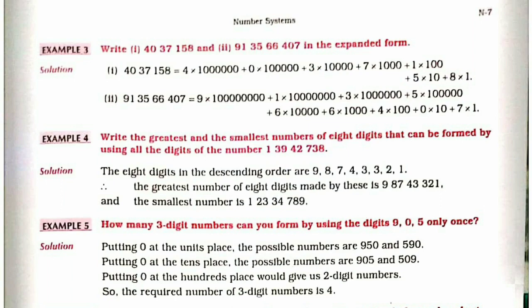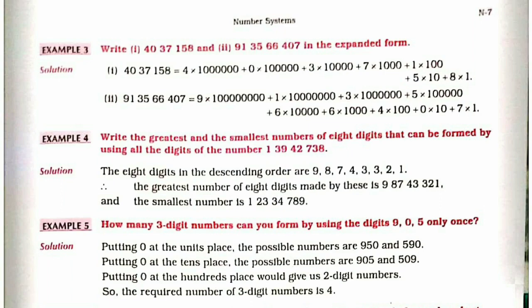So here as you can see the example number 4, here he is saying that write the smallest and greatest number of 8 digits. Okay, it is also a condition, 8 digits should be there. So the digits are given here. So first we write all these digits, and in descending order we arrange all these digits.